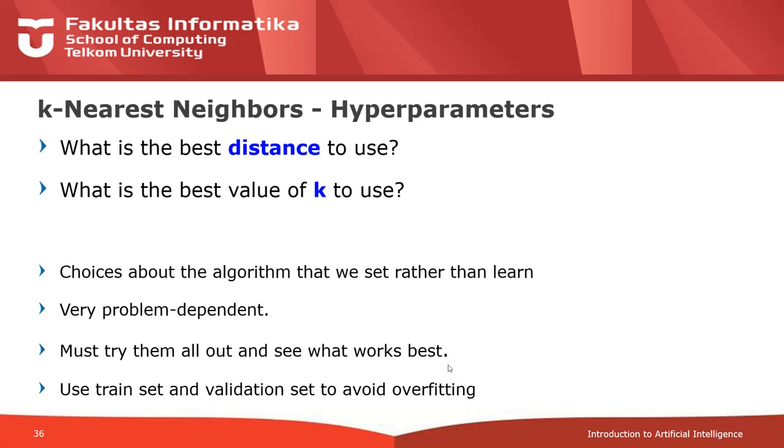So you must experiment with the hyperparameters on your training data set and try them all out and see which ones will work best, whether it's using L1 Manhattan distance or L2 Euclidean distance, whether it's using the k value from 1 to 2, 3, 4, 5, and so on until you find the best values.